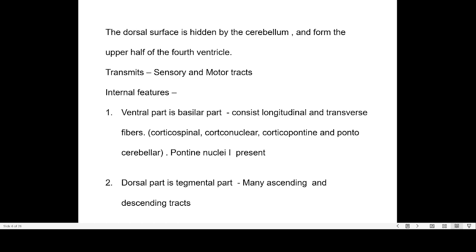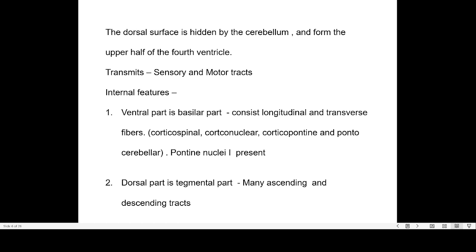You can remember these fibers as corticospinal, corticonuclear, corticopontine and pontocerebellar. These are the groups of nerve fibers.